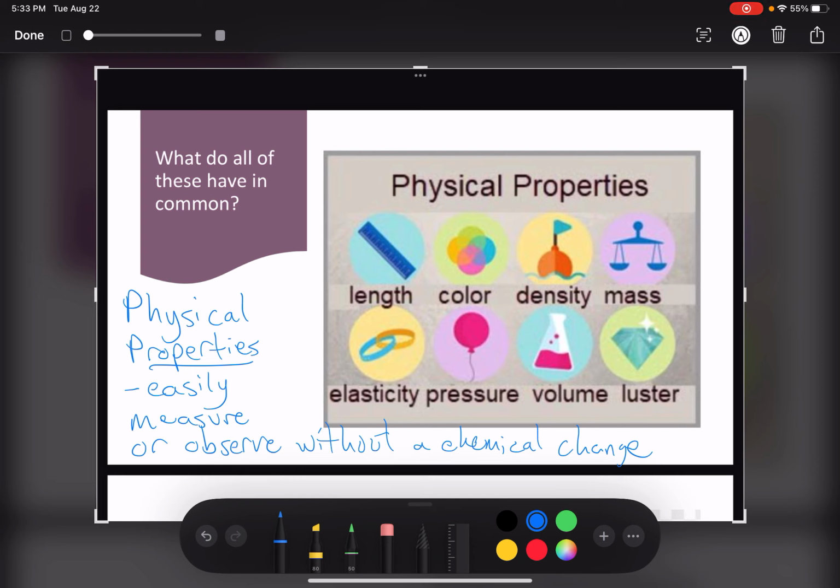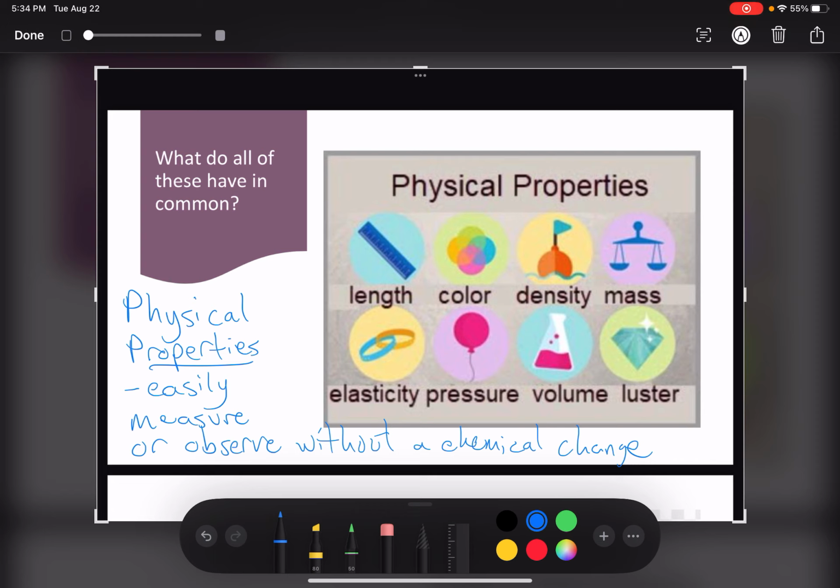So I can easily look at the color of something, I can measure the density, the mass, I can tell whether or not something is elastic, I can look at the volume, the luster. All of those things can be easily understood and observed without having to actually change that substance.